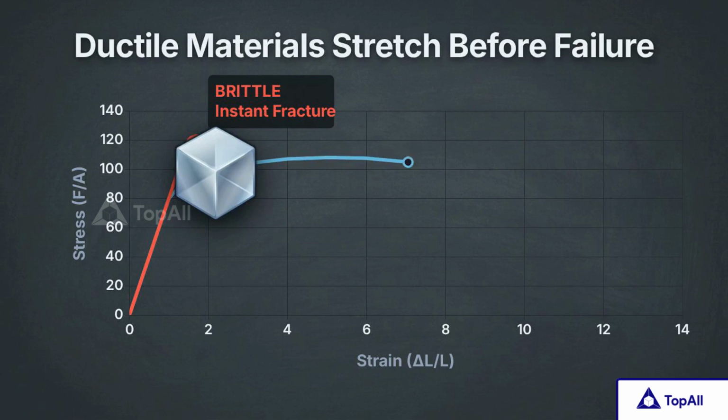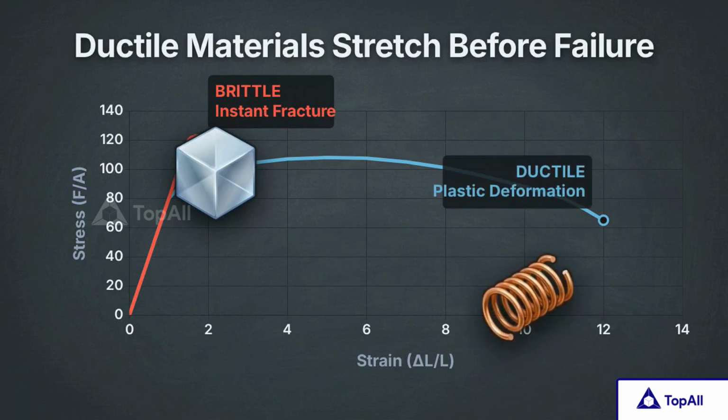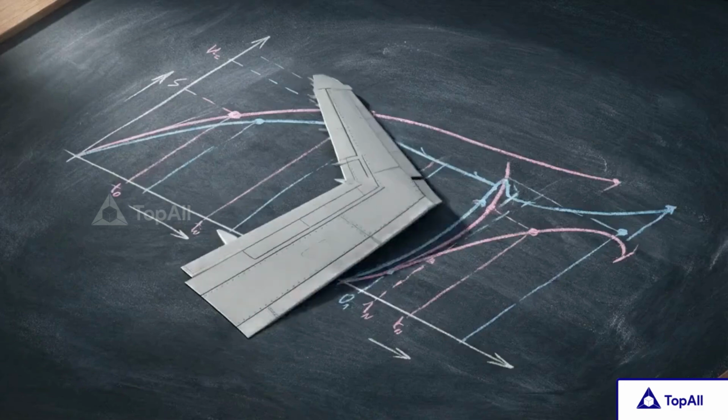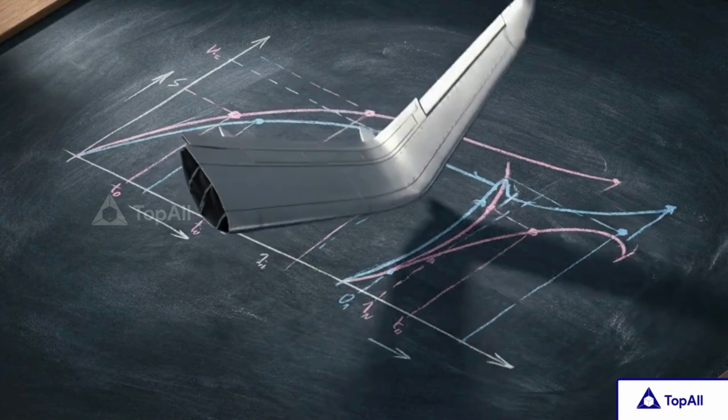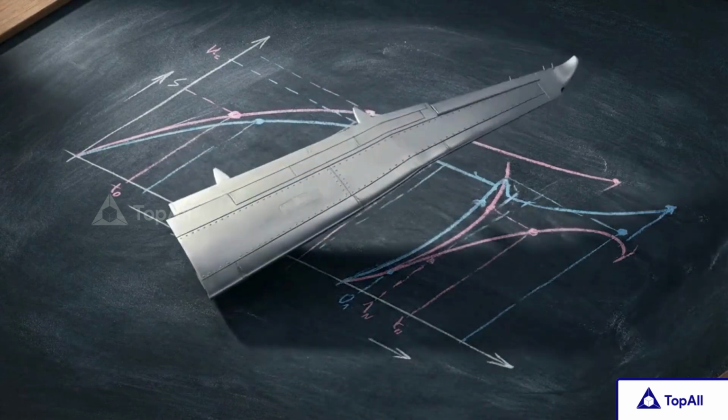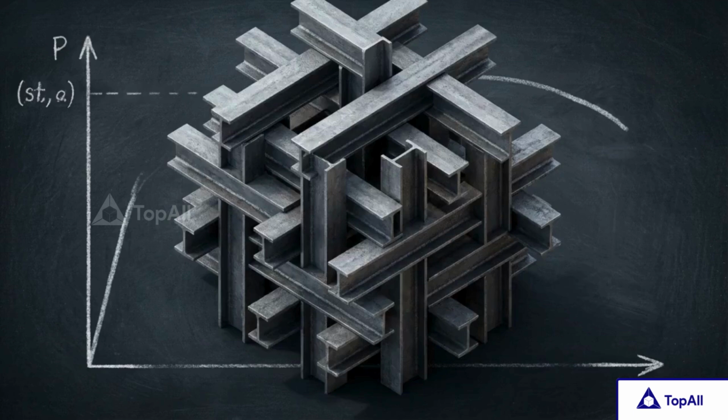Now compare it to this overlaid curve, where the fracture point is stretched far to the right. This represents a highly ductile material, like copper, which will stretch and deform significantly before it finally snaps. Engineers use this comparative data to make life-or-death design choices, knowing exactly how much a material will bend before it breaks.